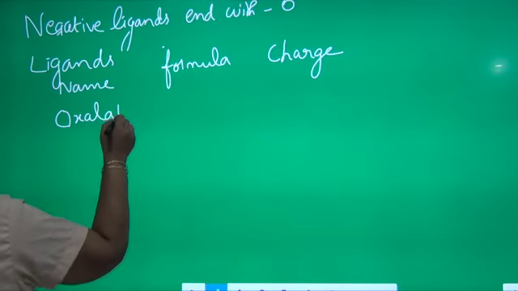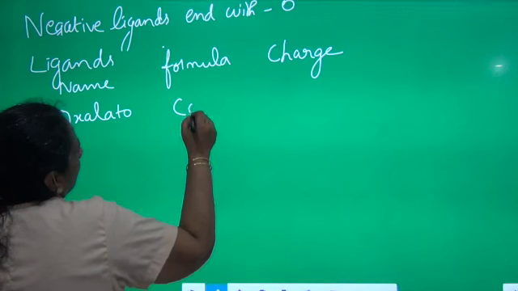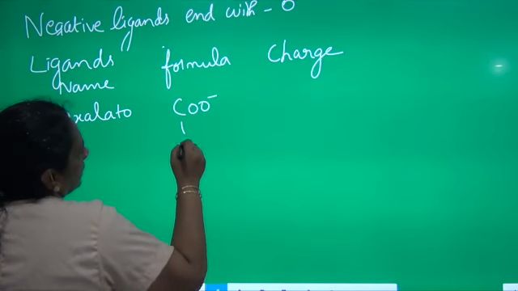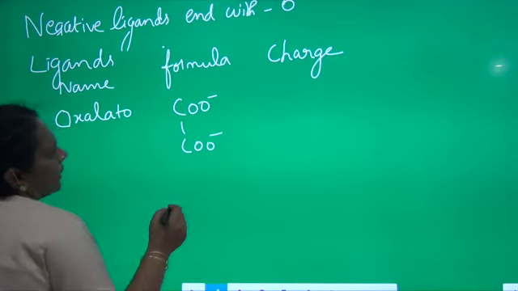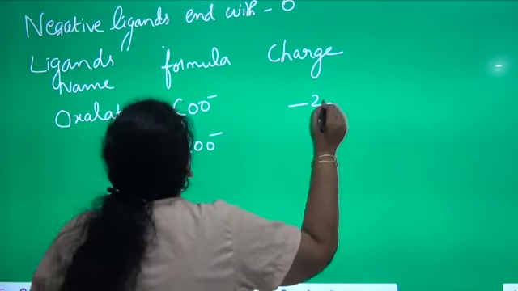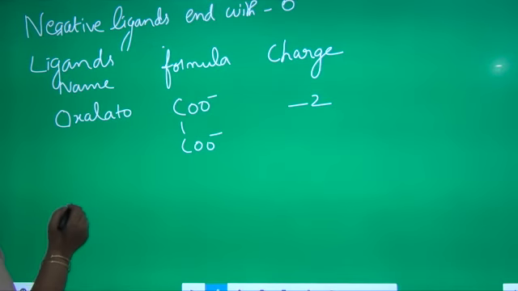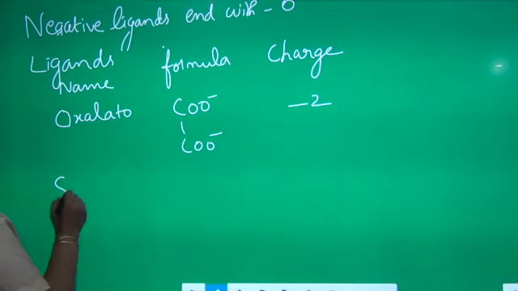Oxalato. The formula is COO minus COO minus. Here the charge of oxalate ion is minus 2. Cyanato, thiocyanato.